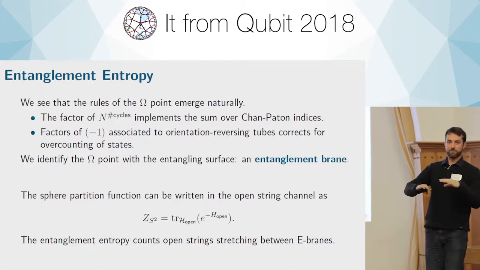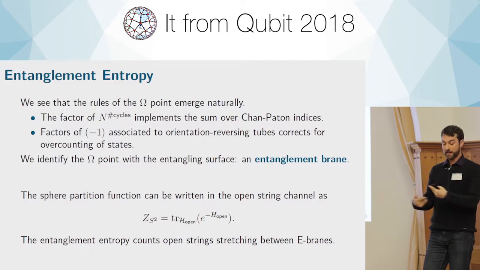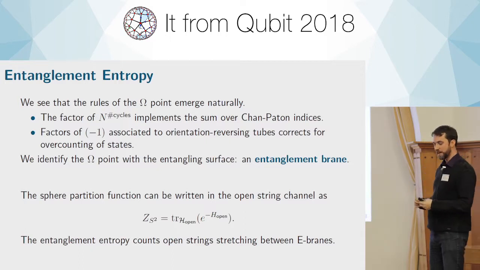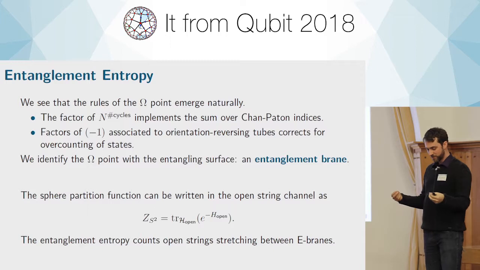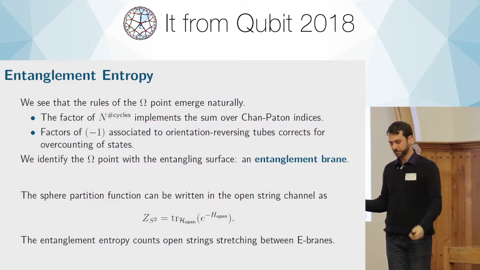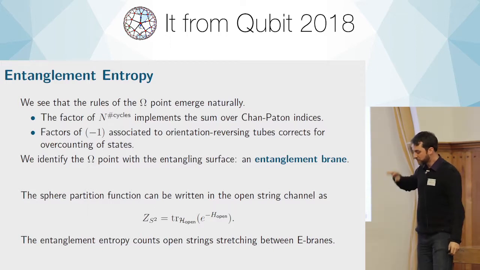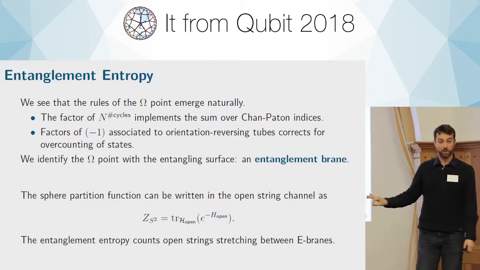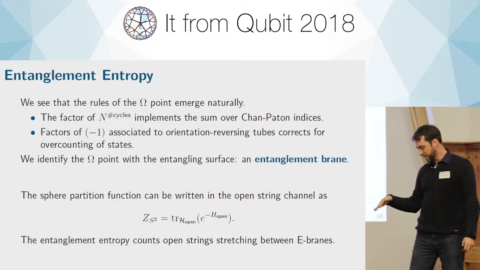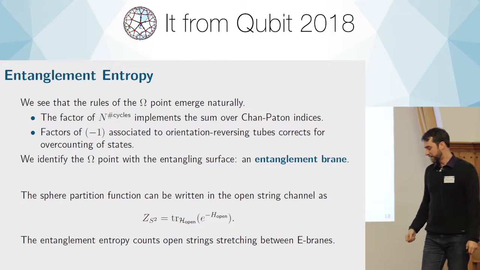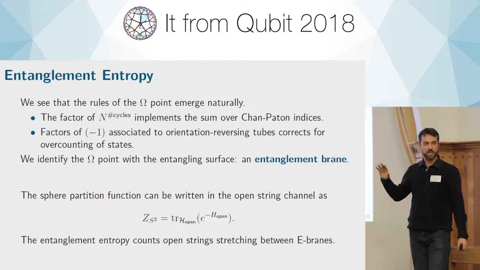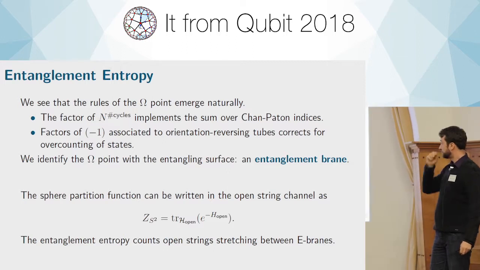And from the fact that the two orientations aren't independent, and the fact that we have these Chan-Paton factors that we have to sum over, we get precisely the rules for the omega point. So this thing that appeared in the path integral is rather naturally explained from the open string point of view.